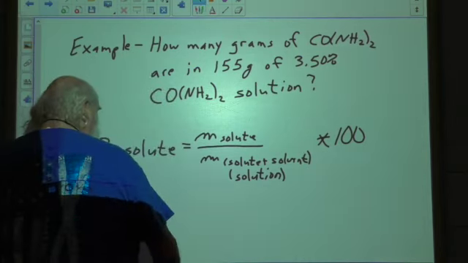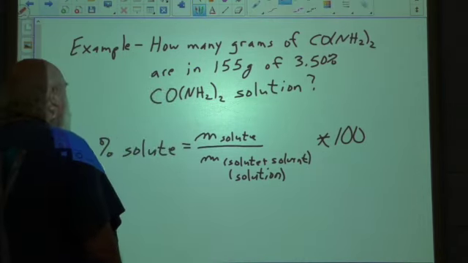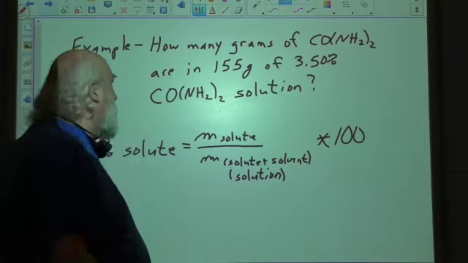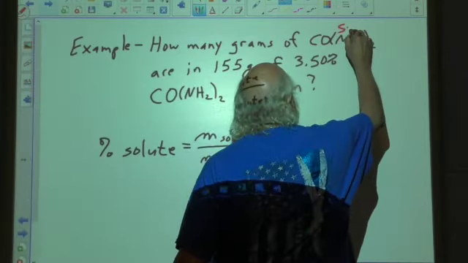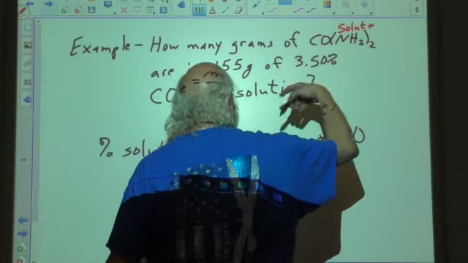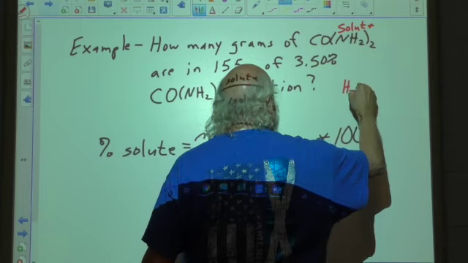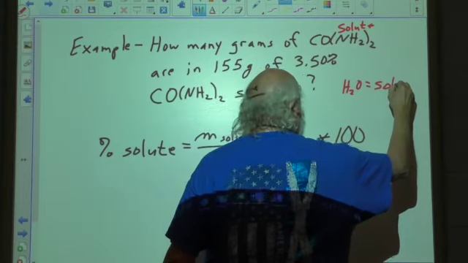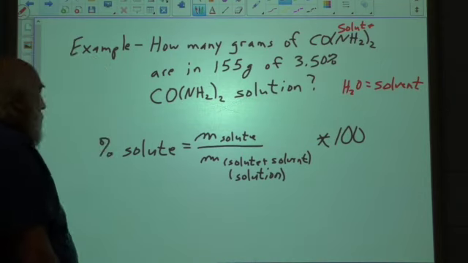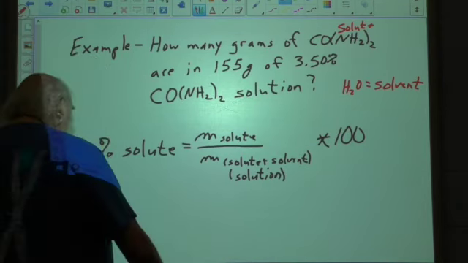Okay? Now, percent of solute is 3.5%. This is our solute right here, so let's put that down there. Solute is this, and it doesn't say it, but it's a solution, so we know that H2O is the solvent. Okay? So, percentage is 3.50%.